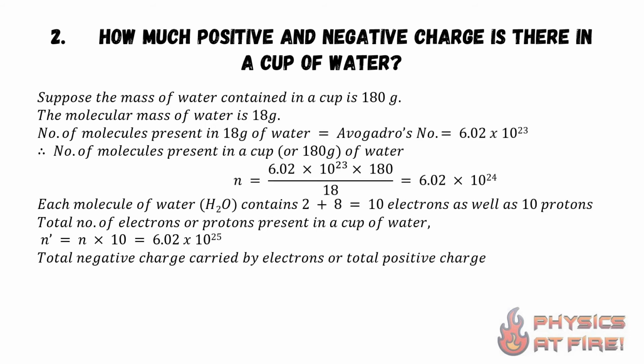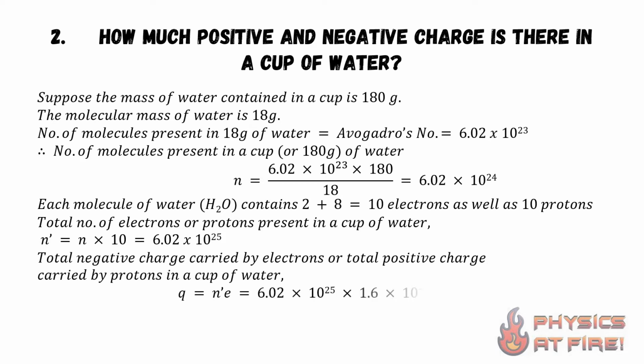Number of molecules present in 18 grams of water is equal to Avogadro's number, that is 6.02 into 10 raised to power 23. Therefore, number of molecules present in a cup of water is N is equal to 6.02 into 10 raised to power 23 into 180 by 18 is equal to 6.02 into 10 raised to power 24.